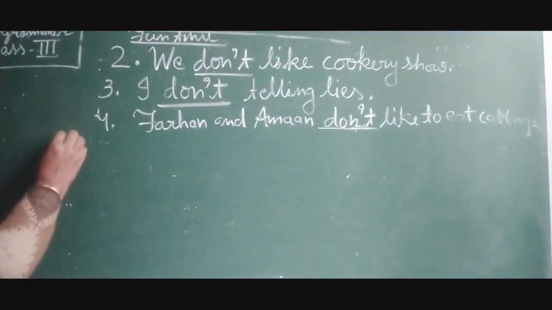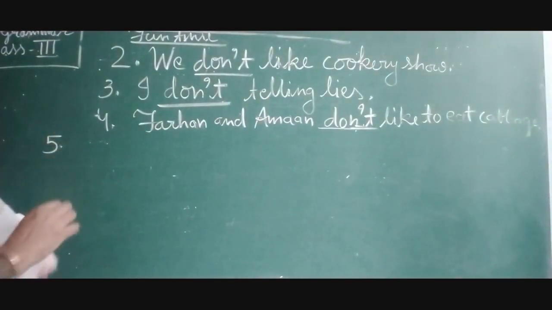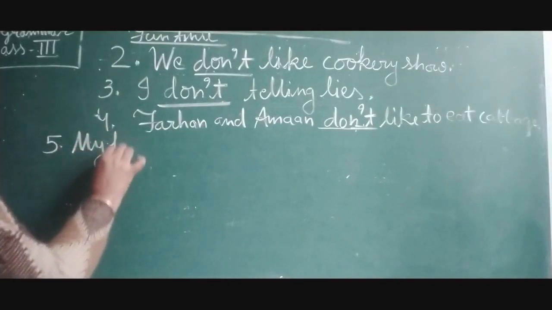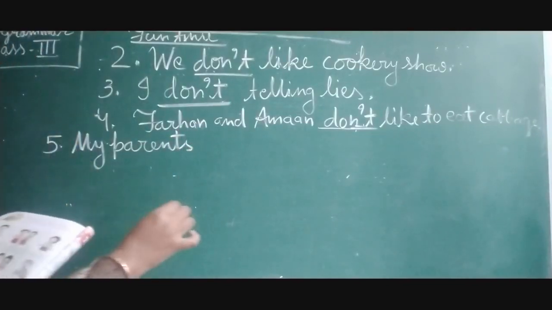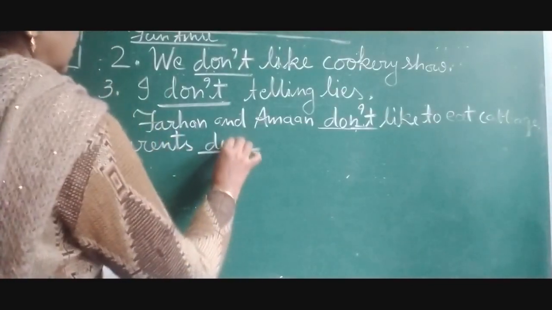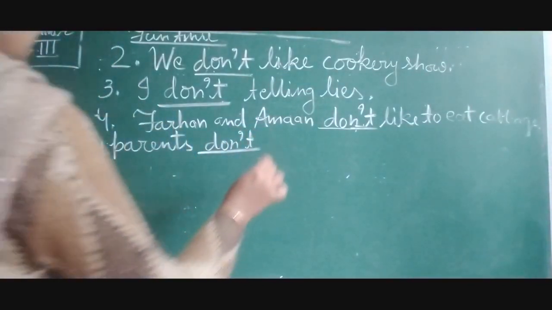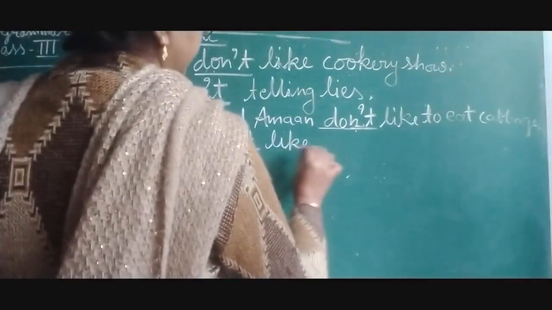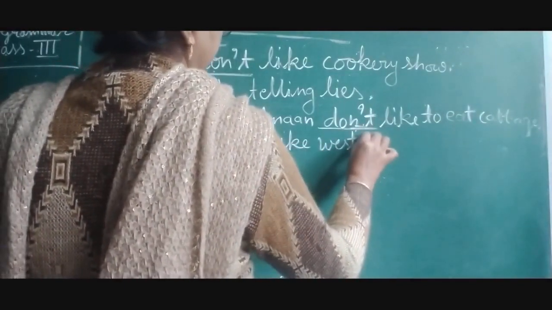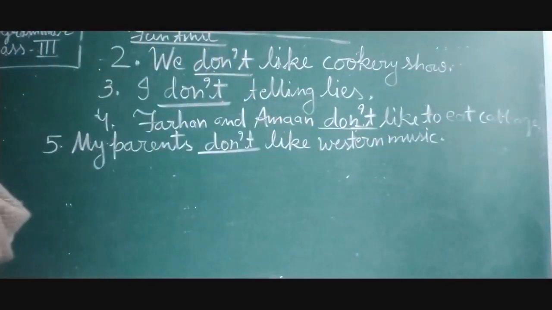Okay, now number 5. Number 5 is my parents don't like Western music. Okay, my parents don't like Western music.